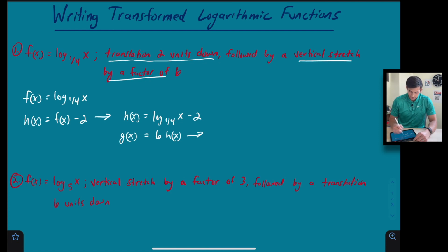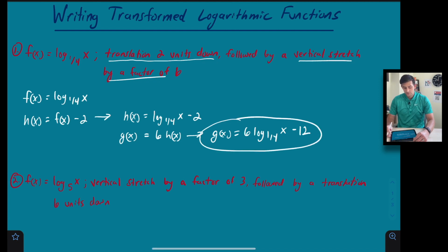So we would say g of x is equal to 6 times the log base 1/4 of x, and then minus. Now here we're going to do 2 times 6. So this is actually minus 12. Okay, so that's what our final transformed logarithmic function would look like. G of x equals 6 times log base 1/4 of x minus 12.